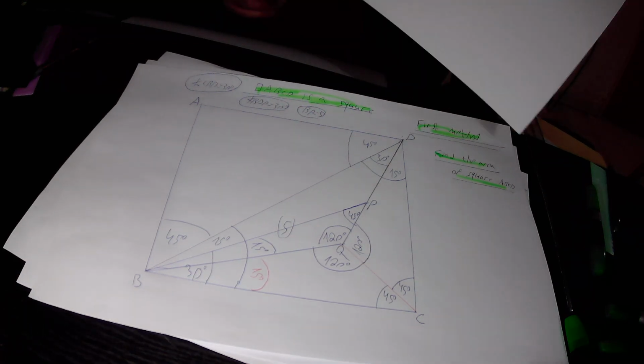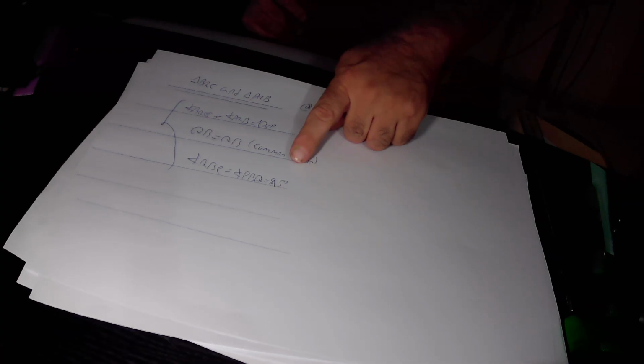Angle QBC in triangle BQC equals angle PBQ in triangle QPB. They are both equal to 15 degrees and therefore they are equal to each other.